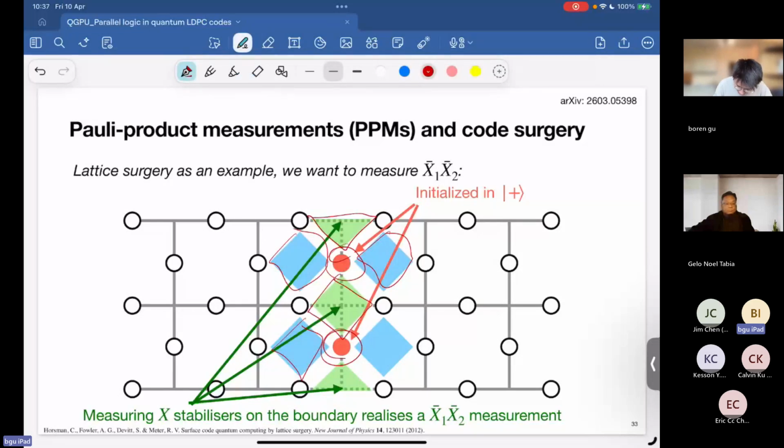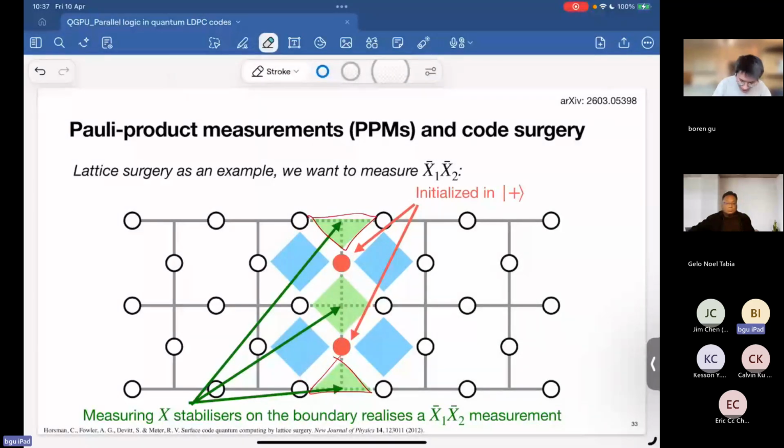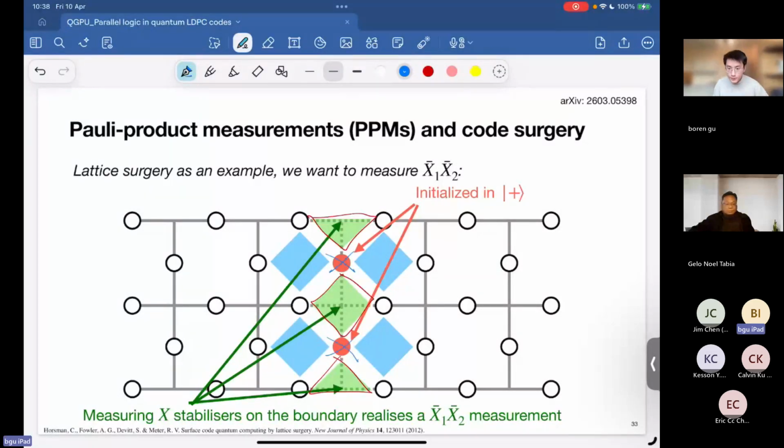The results of the three new X stabilizer measurements, as you can see, cancel on the auxiliary physical qubits.